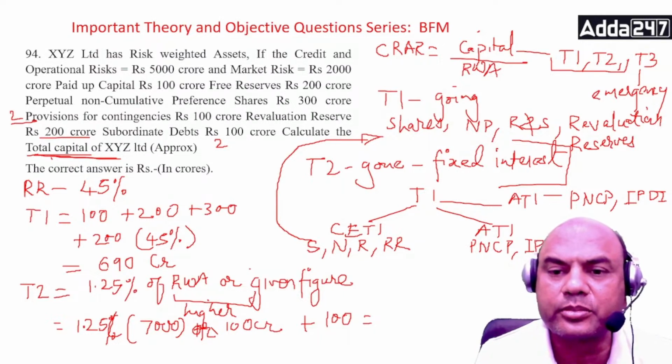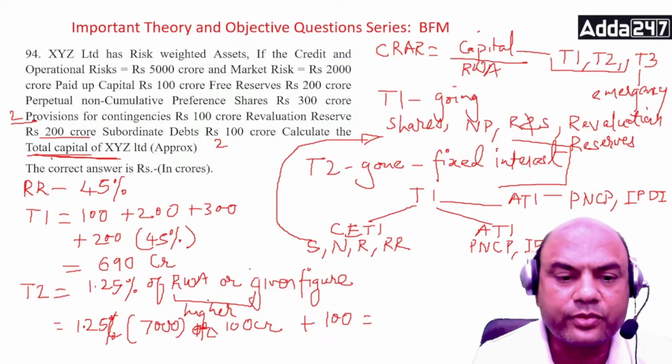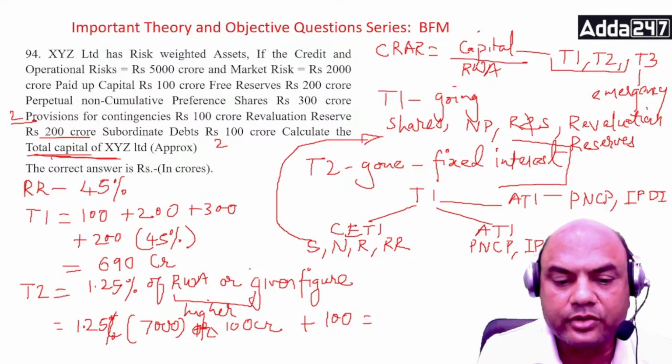So it is 87.5. So now 87.5 or 100, whichever is higher. So it is 100. So I'll take this as 100 plus 100. So that is equal to 200 CR.